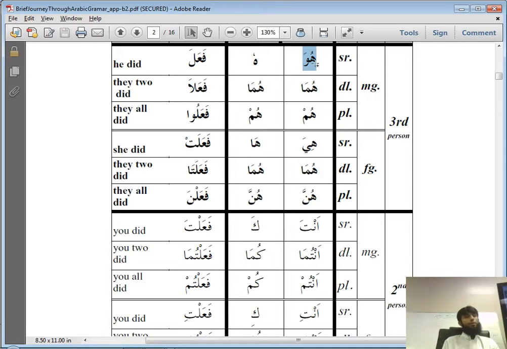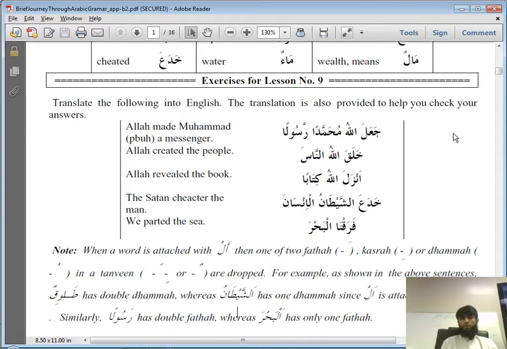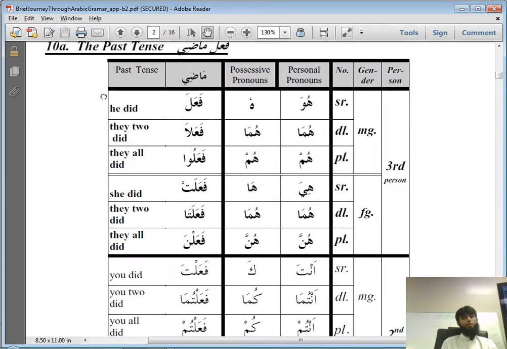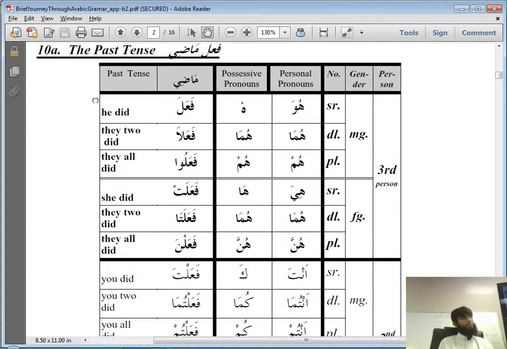So huwa is used for he, right? You can see that, he. It's already on the form or the Google Books under the grammar tab. So huwa is he, and you can see that it says singular, gender is male, and the type is third person.